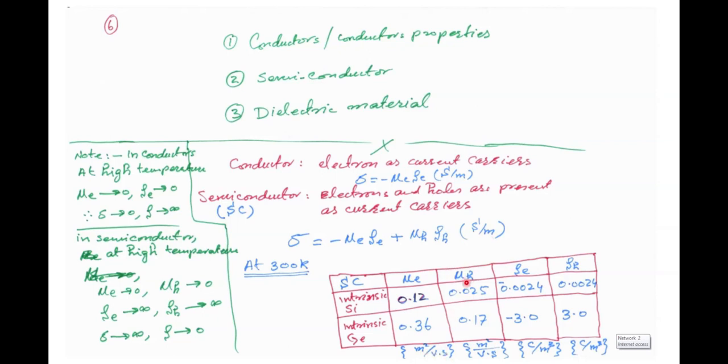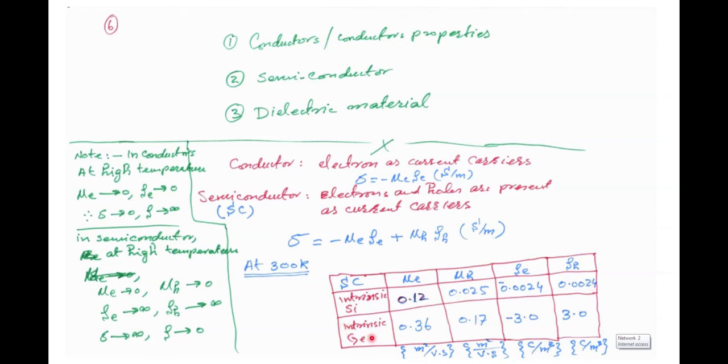The mobility of holes at 300 Kelvin for pure or intrinsic silicon is 0.025 square meter per volt second, and the electron concentration is minus 0.0024 coulomb per cubic meter. That of the hole concentration is 0.0024 coulomb per cubic meter.